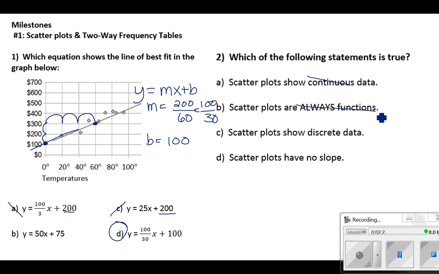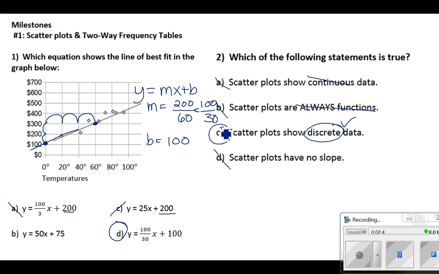C, scatter plots show discrete data. We do know that because the points should not be connected. They are not continuous, so they are discrete. And answer choice D, scatter plots have no slope. Well, looking at this one, it has a positive slope, so that would not be an answer choice.